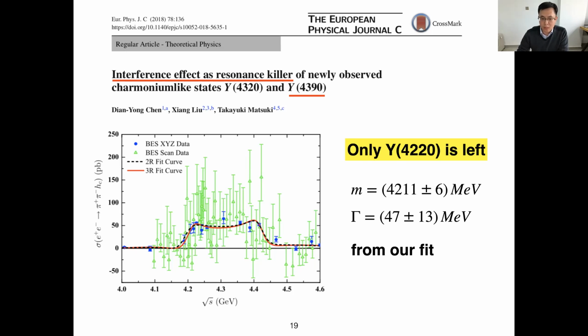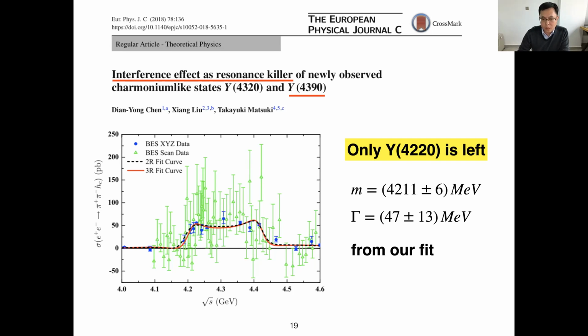It means that when we faced the new data from BESIII, we only needed the Y(4220). So we only need to introduce another Y state here.